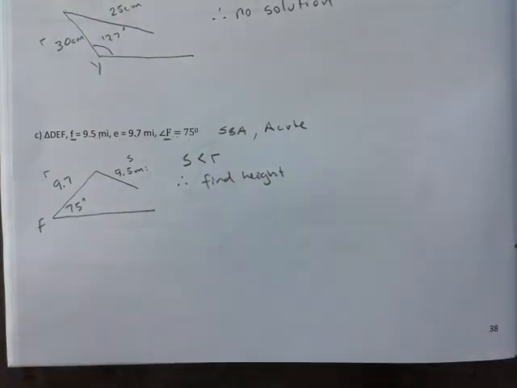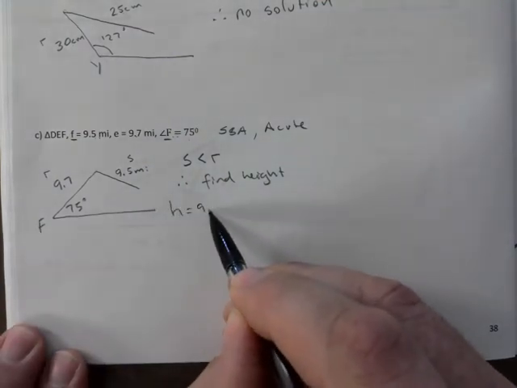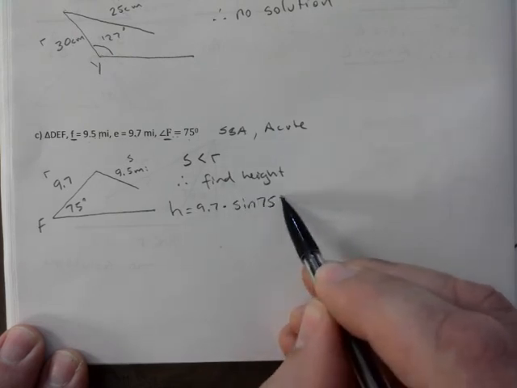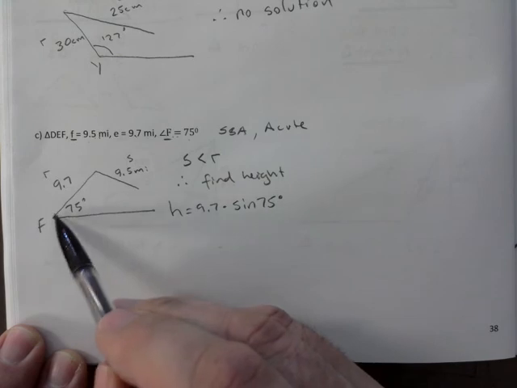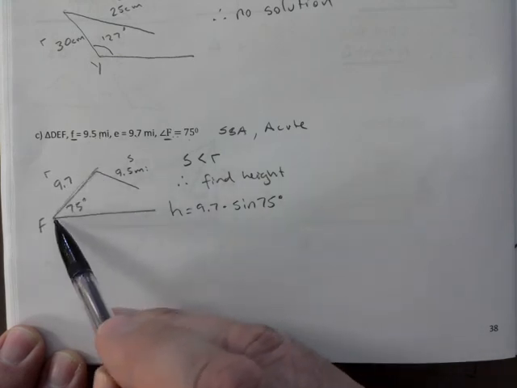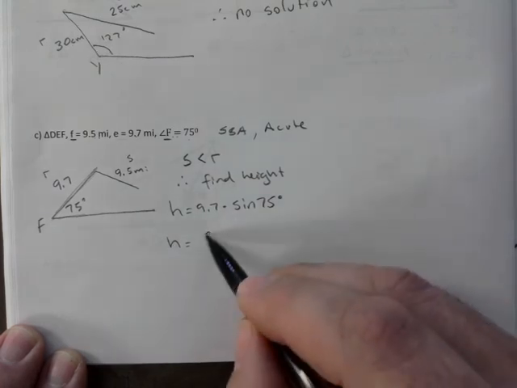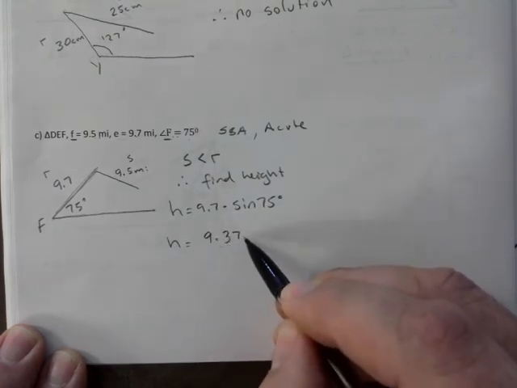Right? When string is less than the rod, you need to find the height. So height is 9.7 times sine of 75. 9.7, right? The slant here times sine of 75. And I'll just give you that answer, 9.37 miles.